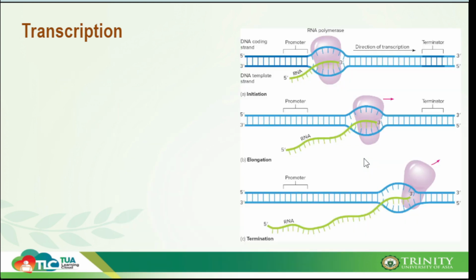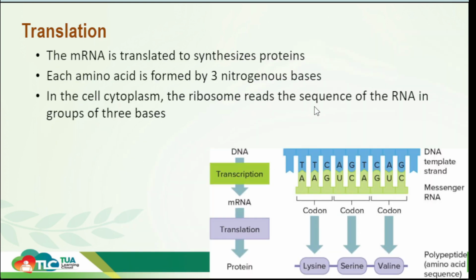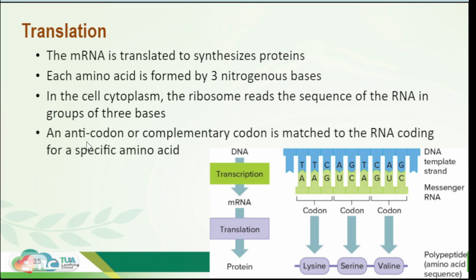So let me just go back to the slide where I was earlier. Yan. So it's composed of 3 nitrogenous bases. So in translation, the ribosome will read the mRNA in groups of 3, and the anticodon or the complementary codon in your tRNA will match on the mRNA to give a specific amino acid. Kung nalilito na kayo, i-YouTube nyo to, okay?